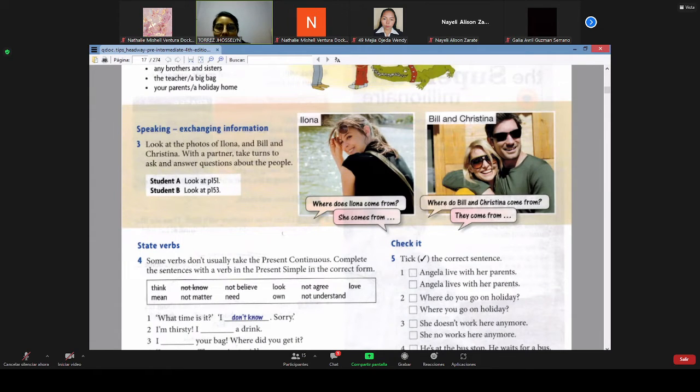For that activity, we have to divide the class into groups, student A and student B. Students who are going to be A, please look at page 151. And students B, you have to look at page 153. We have to make questions.